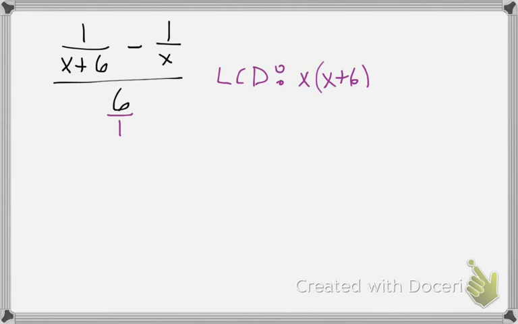You guys agree? So we get our LCD by looking at all the denominators. I have an x plus 6, an x, and a 1. So what is my LCD? X plus 6 times x is fine. That's what I did. What matters is what we do with it. And what do we do with the LCD?